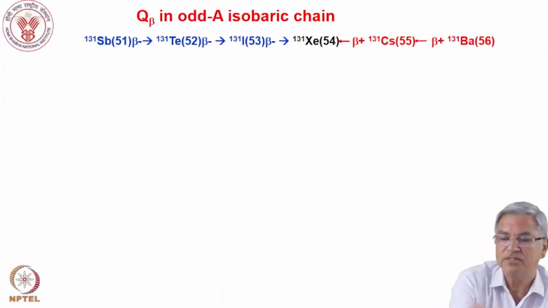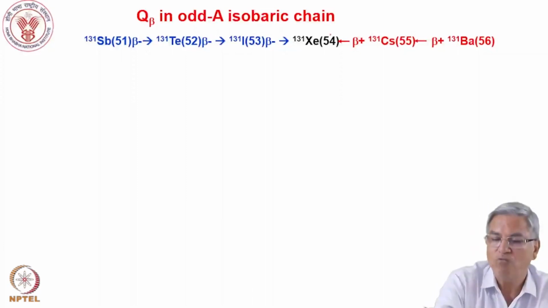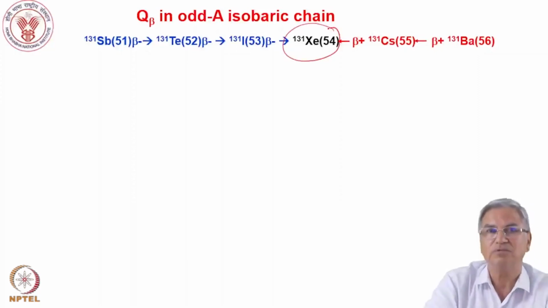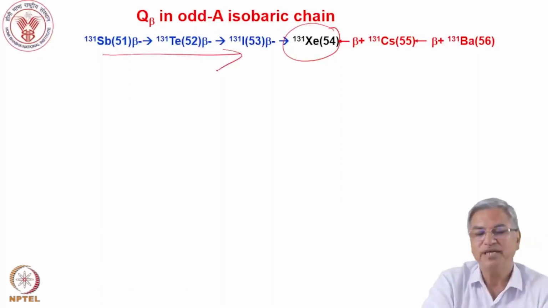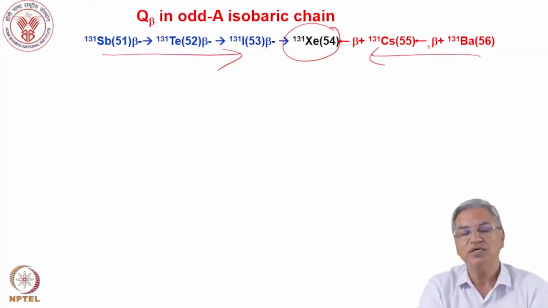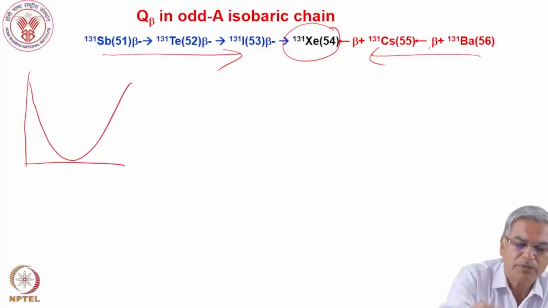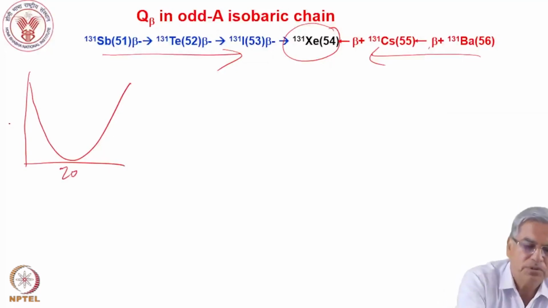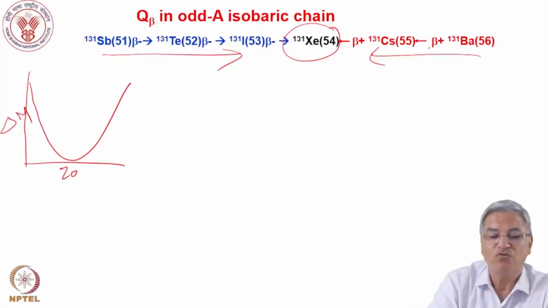This is a typical example of an isobaric chain for odd A. You have one stable isobar shown in black, and the ones on the left hand side are undergoing beta minus decay, and the ones on the right hand side are undergoing beta plus decay to reach stability. This can be shown as a mass parabola. This is Z0, this is delta M or Q beta. Now let us try to derive an expression for Q beta from this graph.